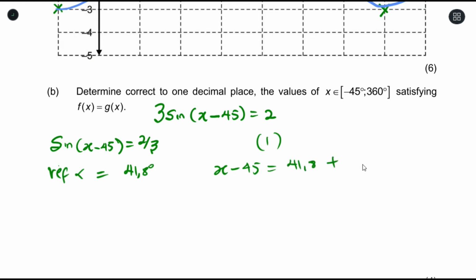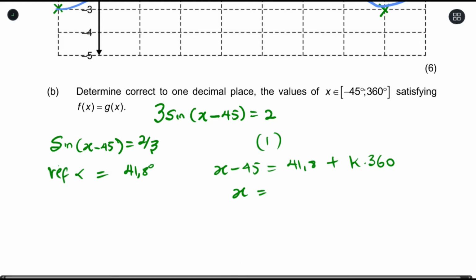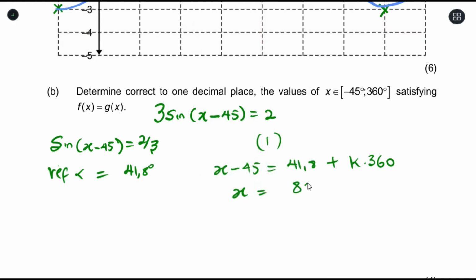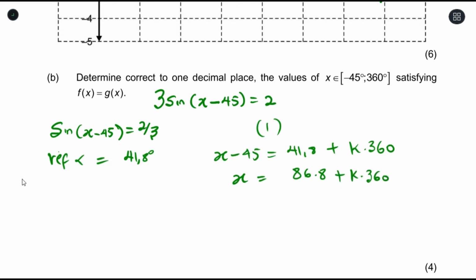And because we are finding the general solution, we have to add k360. And with this, you're going to get x is equal to, moving that over, plus 45, 86,8 plus k360. So for the second quadrant, we could also write the same thing. x minus 45 is equal to 180 minus theta, which is 180 minus 41,8, plus k360, right?